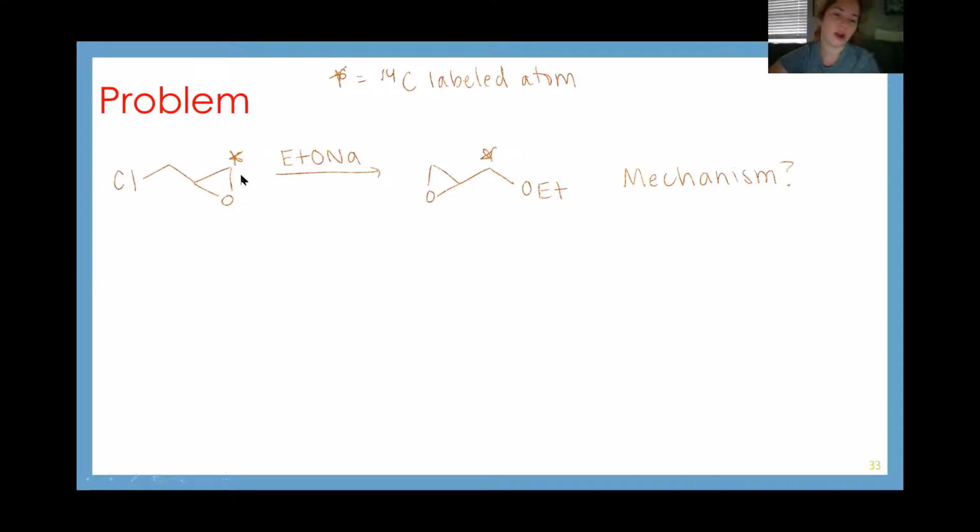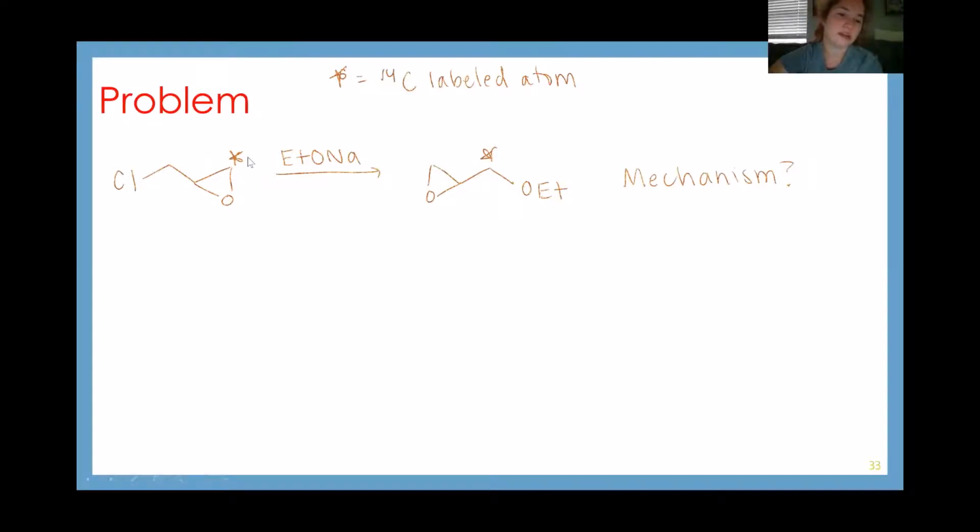So the carbon that has a star on it is the same carbon atom. So it's been labeled with carbon 14. This is actually a really common approach to figuring out the mechanism of a reaction, to track where the carbon 14 atom ends up in the molecule.